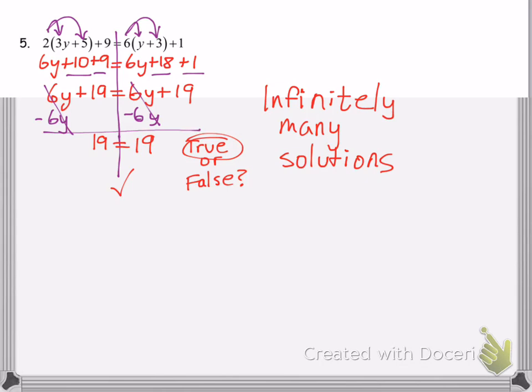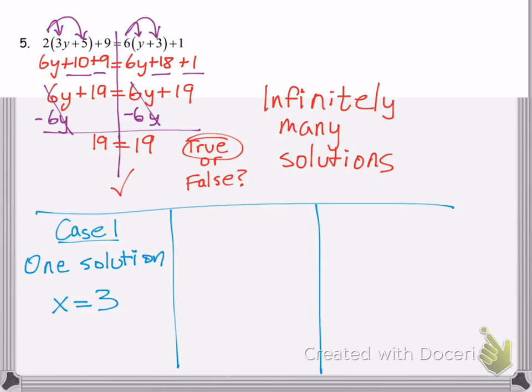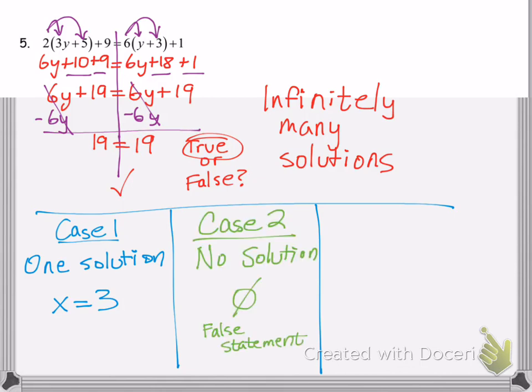So there are 3 different cases. Case number 1 is if you end up with x actually equaling something. So that's one solution. There's only one number that fits into that equation and works. Case number 2, you end up getting a false statement and there's actually no solution, meaning there's no number that you can plug into the equation to satisfy that equation, to make it equal to each other.